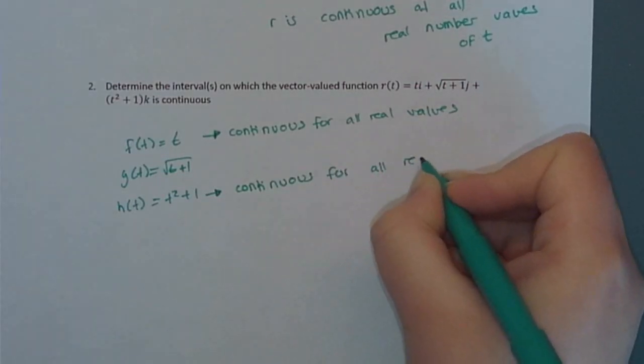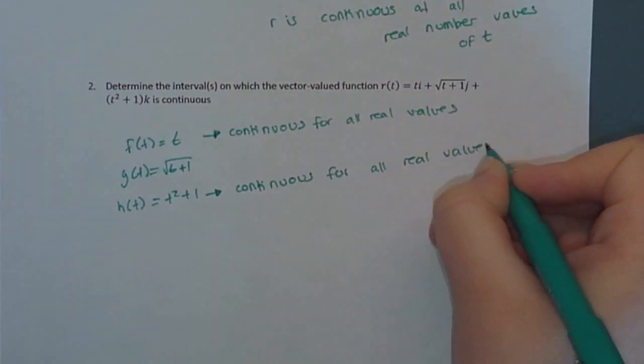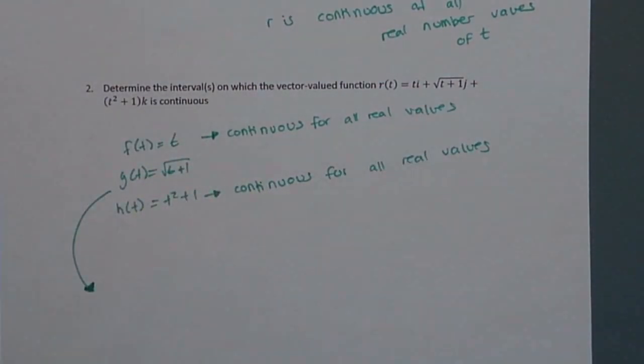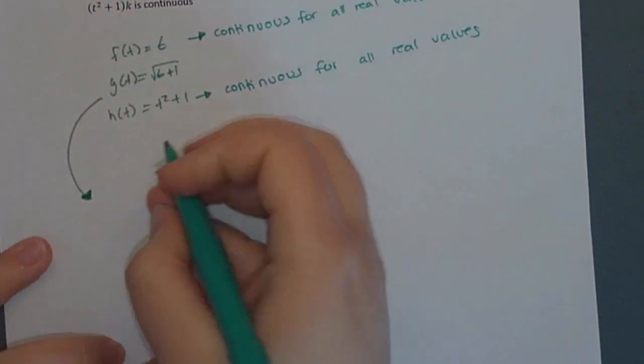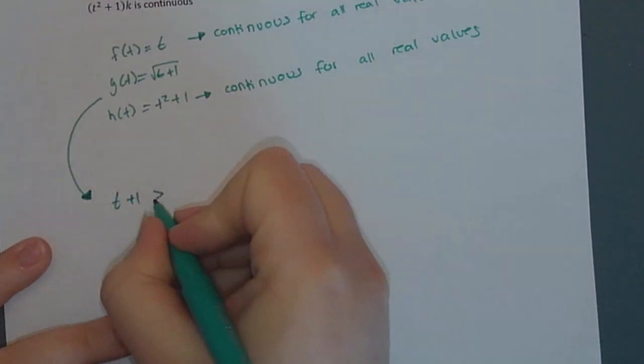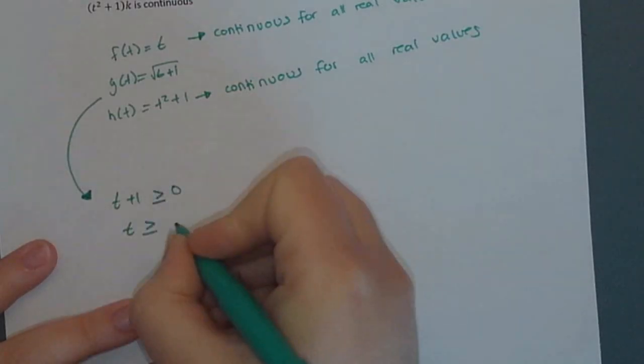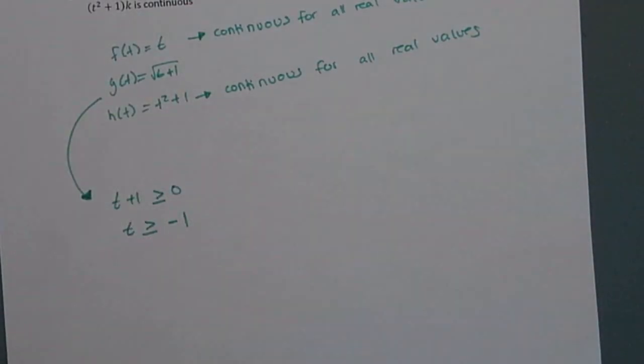for all real values. G of t is the one that's going to be a little bit tricky because of the square root. So square root means the inside, the t plus 1, can only be greater than or equal to 0, meaning t can only be greater than or equal to negative 1.